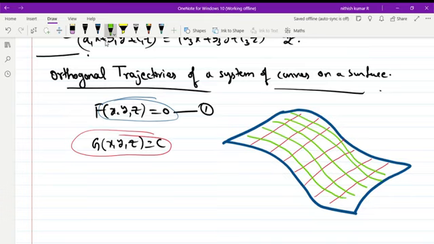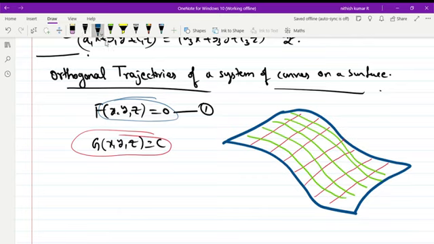So we are interested to find this. Okay, now let's first see the key part and then move to the problem. The tangential direction to the curve through the point. Okay, now let's change color.